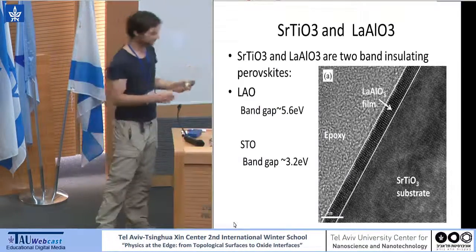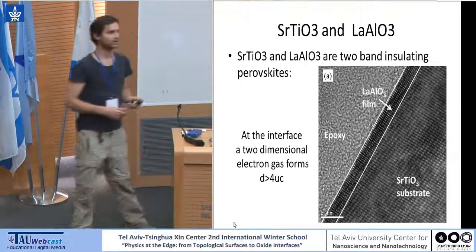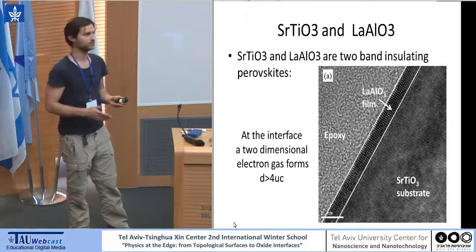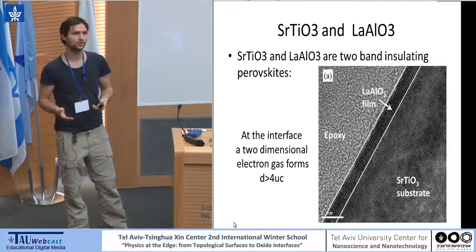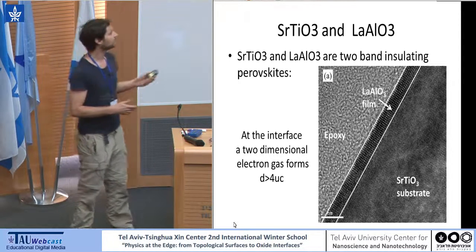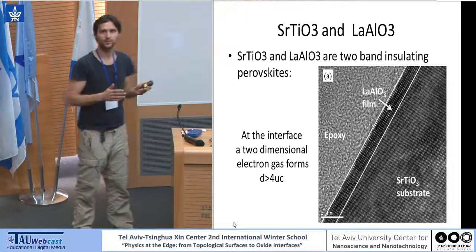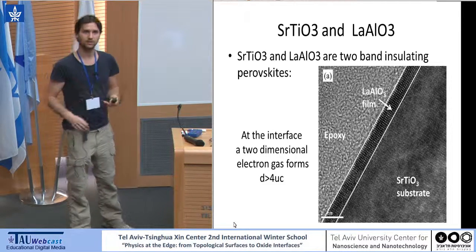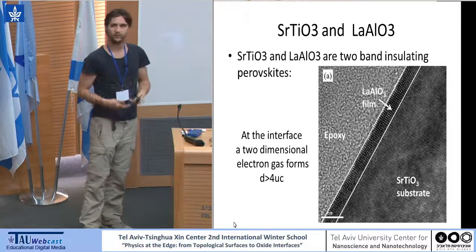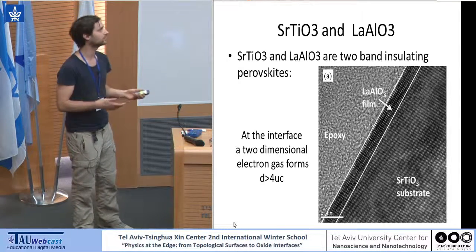I'm stressing that because the entire method we use to confine the two-dimensional electron gas is not by etching or anything like that, but by depositing an amorphous film on part of the substrate, making it dirty, and then we prevent the growth of crystalline films on top of that specific area.